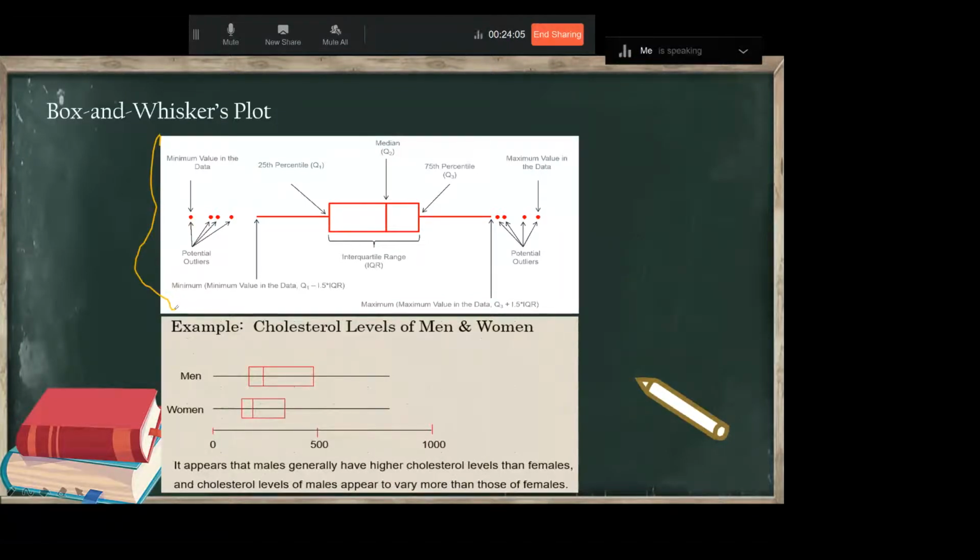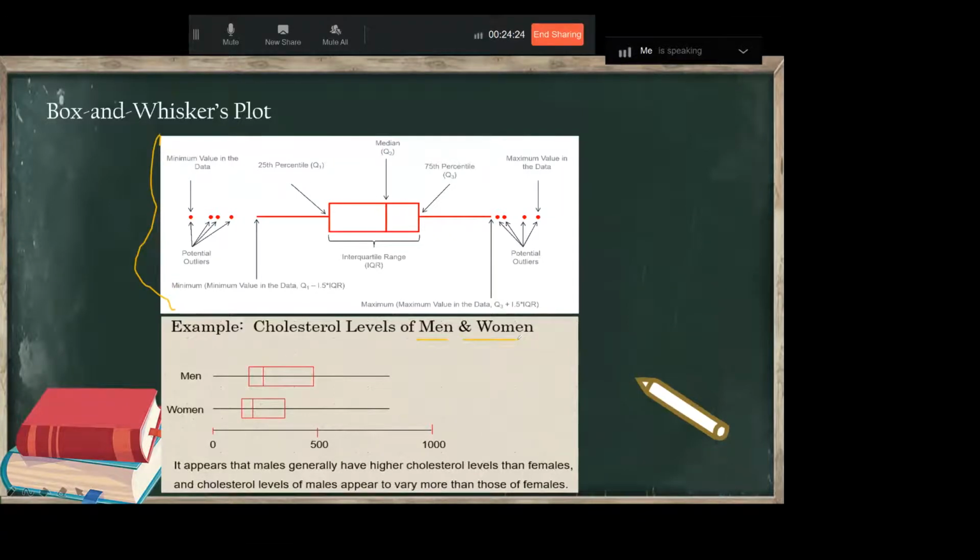we have gender distribution of men and women, and this is the cholesterol level in men and women. So we need to define which one has more cholesterol level from the graph.